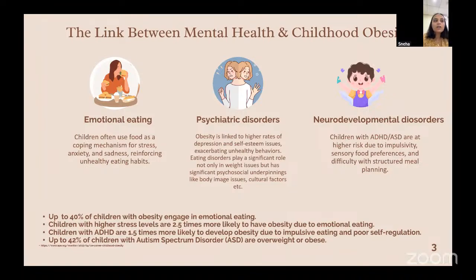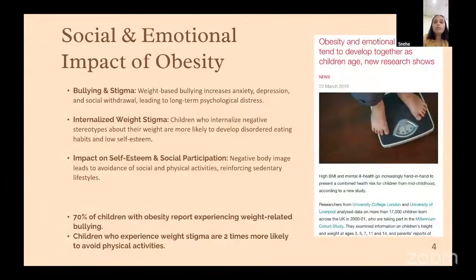Looking at some statistics here, up to 40% of children with obesity engage in emotional eating. Children with higher stress levels are 2.5 times more likely to have obesity due to emotional eating. Children with ADHD are 1.5 times more likely to develop obesity due to impulsive eating or poor self-regulation. And up to 42% of children with autism spectrum disorders are overweight or obese.